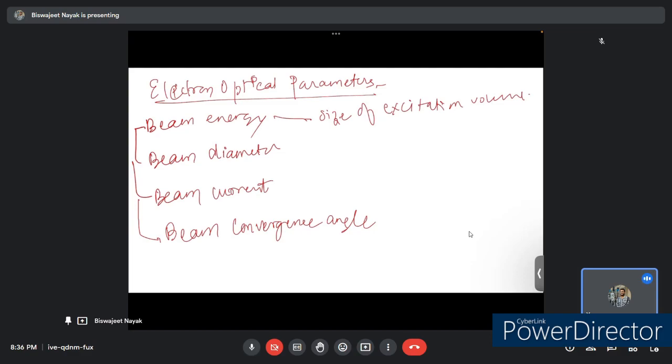The electrons are accelerated from a low energy to a high energy using an electrostatic potential difference generated by a high voltage power supply. The negatively charged electrons are repelled from the surface with negative electrical potential and attracted to the surface with positive potential, and the potential difference is measured in volts.